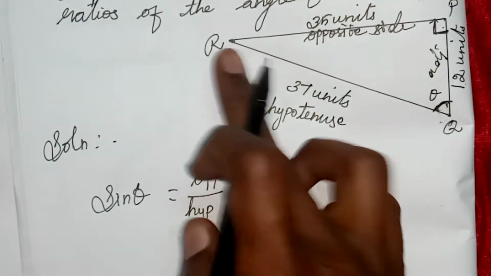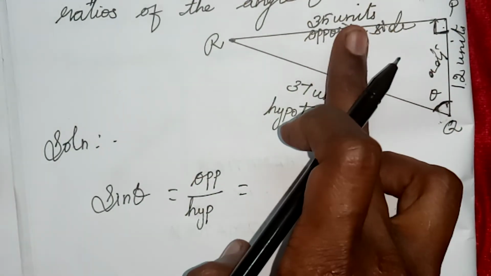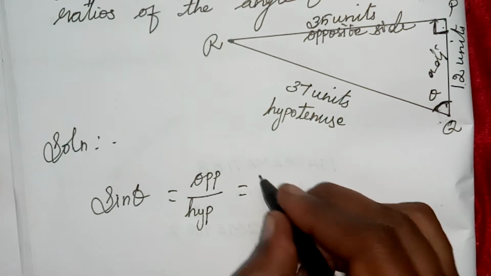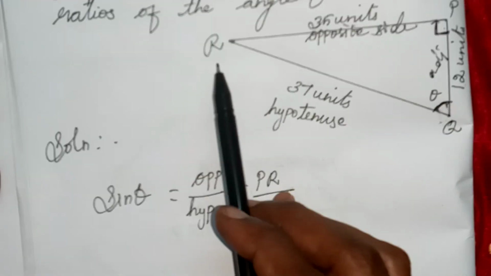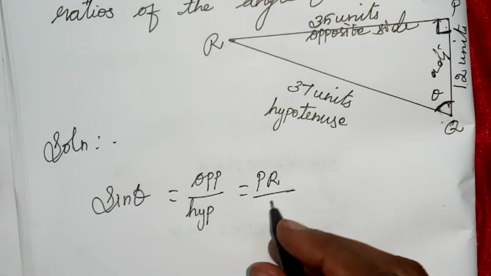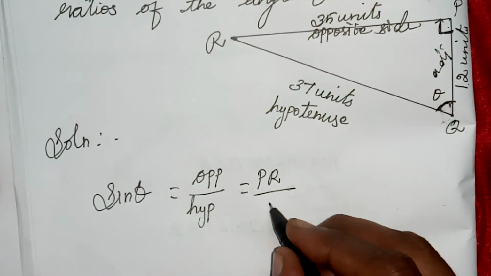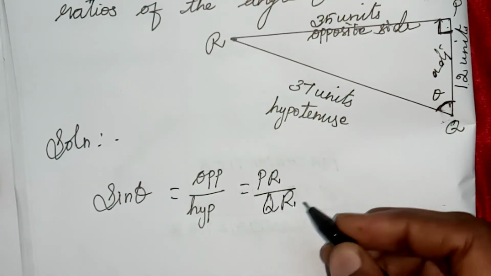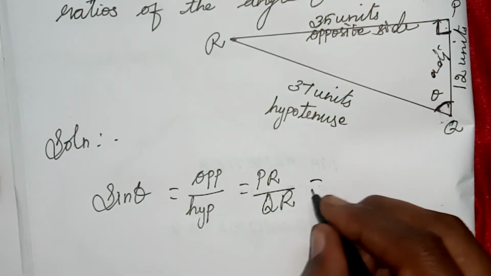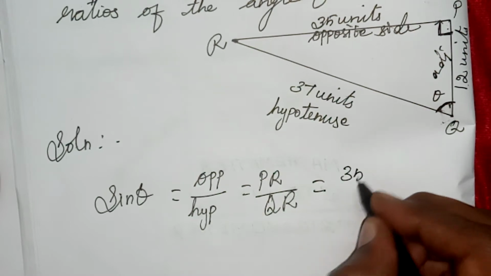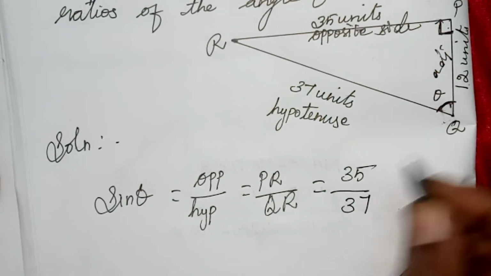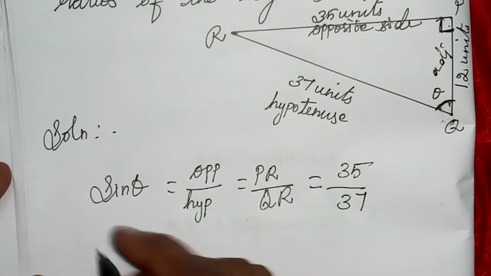Side PR is the opposite side, so PR divided by the hypotenuse. QR is the hypotenuse. PR is 35, so it is 35 by 37.